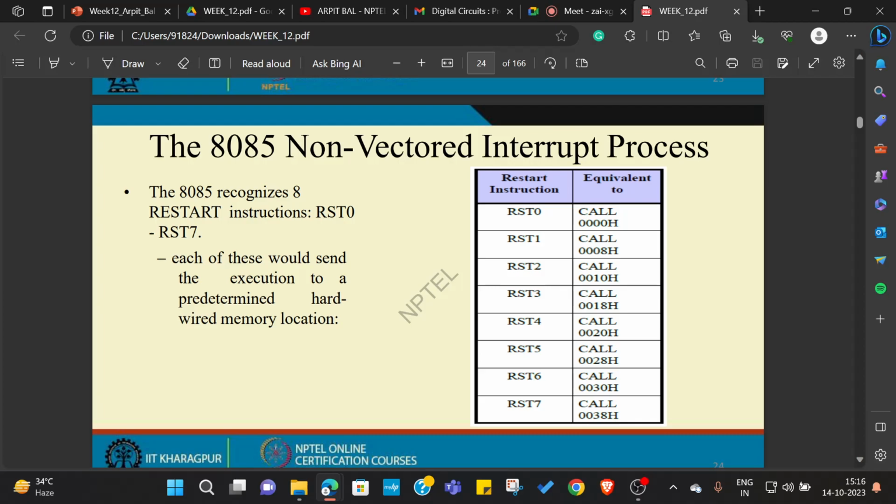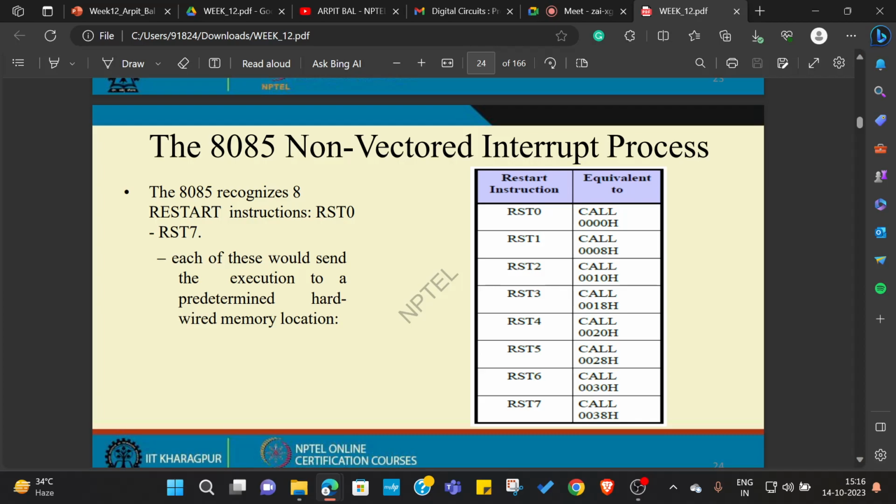There is another thing. Each restart instruction is at an offset of 8. Let us say RST0 is equivalent to CALL 0000H. Similarly, RST1 is equivalent to CALL 0008H.